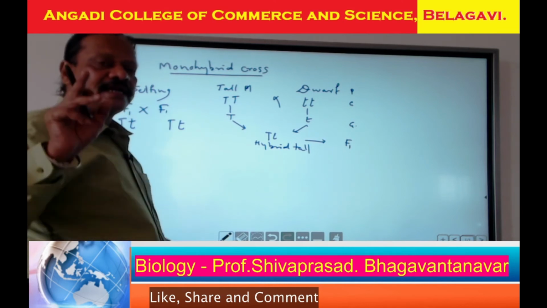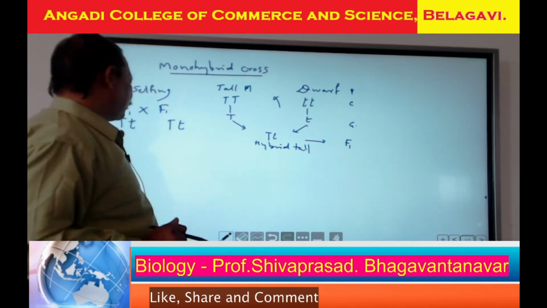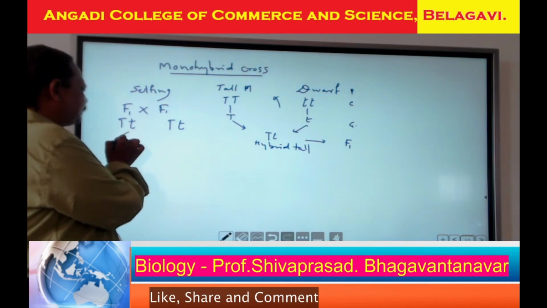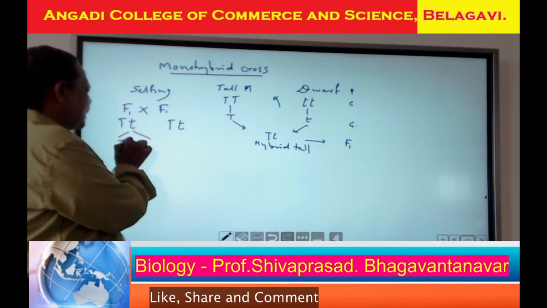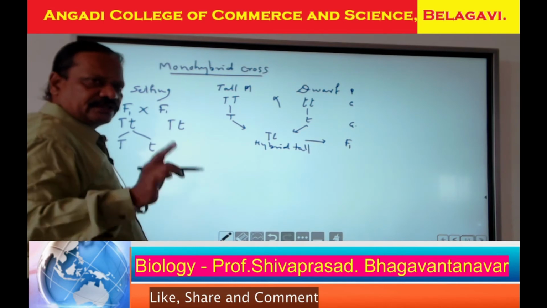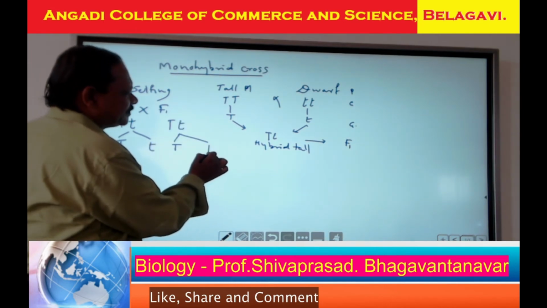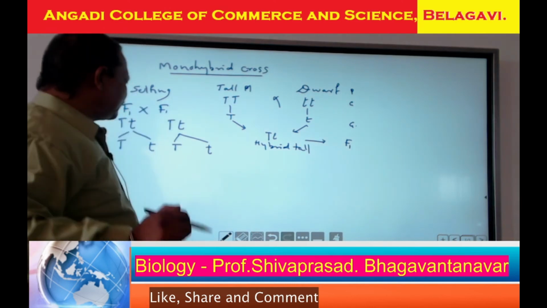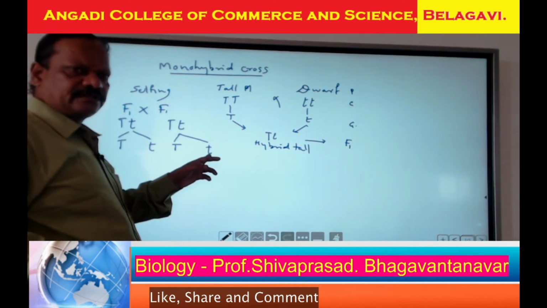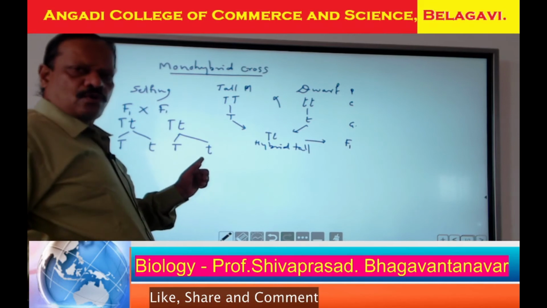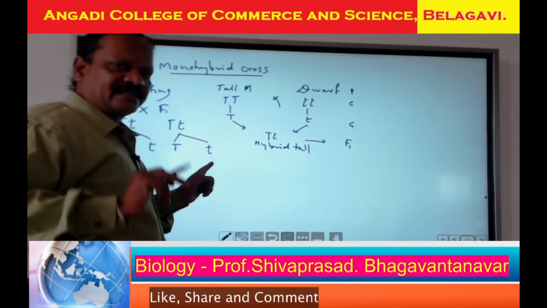So it is producing two types of gametes. Capital T and small t are produced here, and here also capital T and small t are produced. So the gamete formation is observed, and 2 into 2, so totally 4 plants will be produced.